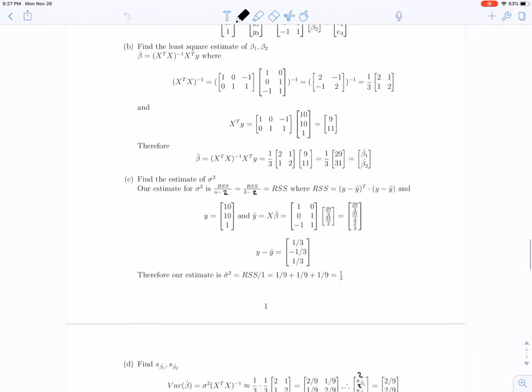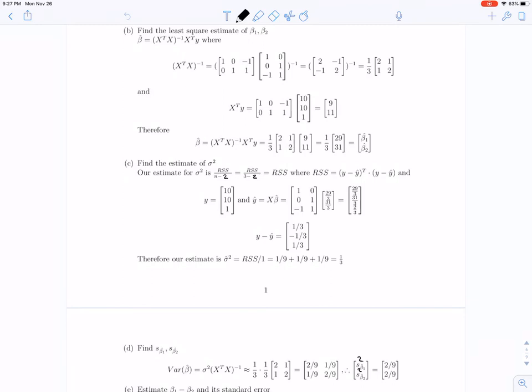We can find our estimate of sigma squared, so beta 0 is 0 here, so sigma squared estimate is RSS over n minus 2, because k is 2, and we can find out explicitly what RSS is and see that our estimate is just 1/3.